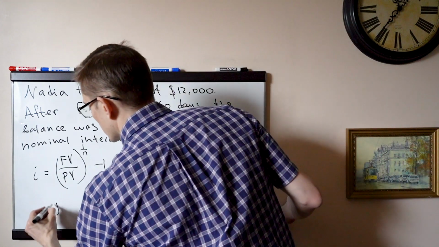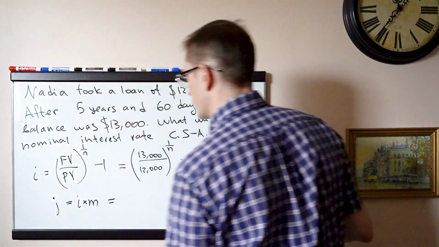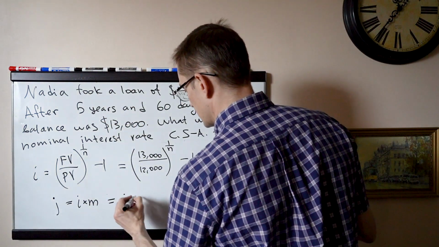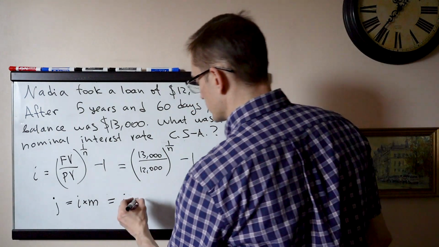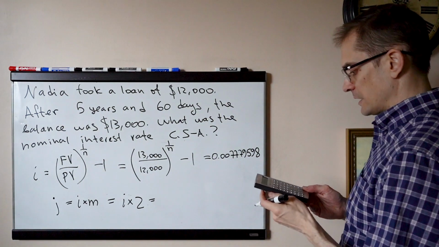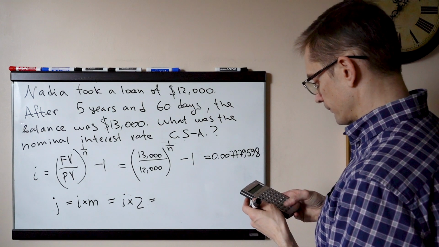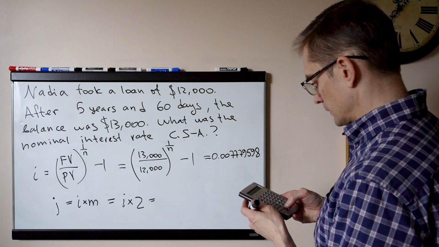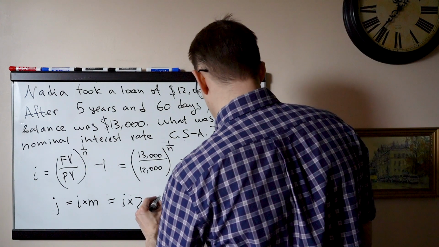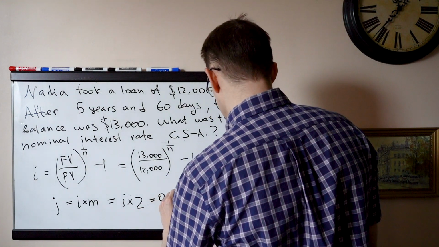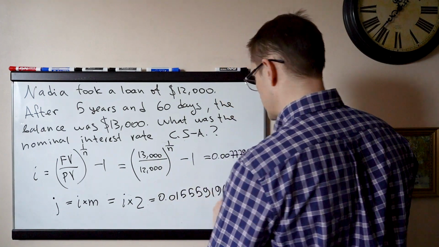So now the next part will be finding J, and J is I times M, which is this I times M, which is 2. So there are 2 semi-annual periods. Times 2, and that is 0.015559196.